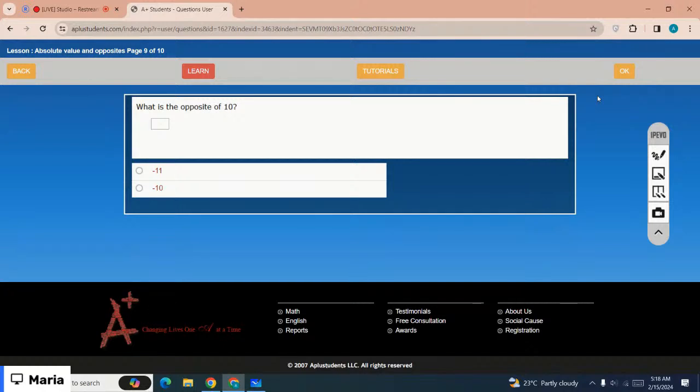What is the opposite of 10? Opposite of 10 is, that is negative 10, right? Opposite of a positive number is always a negative number.